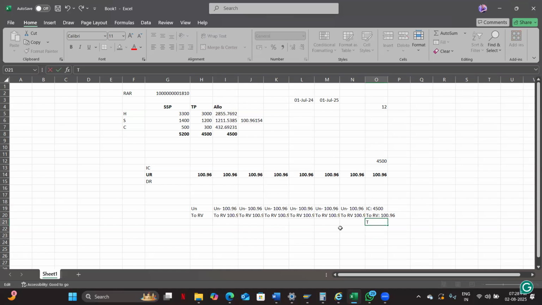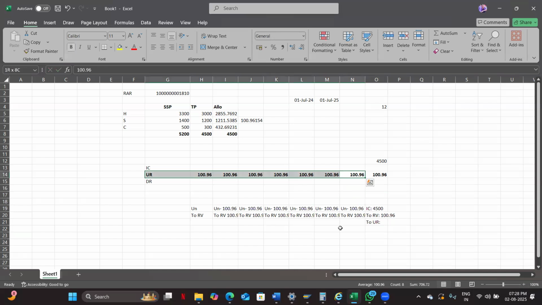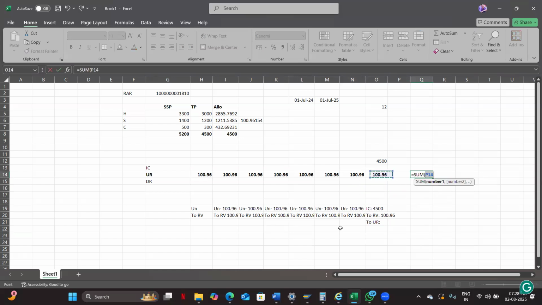Your account, how much is already recognized, we need to deduct. Let me think. We can sum here. This much amount we need to deduct from 4500.